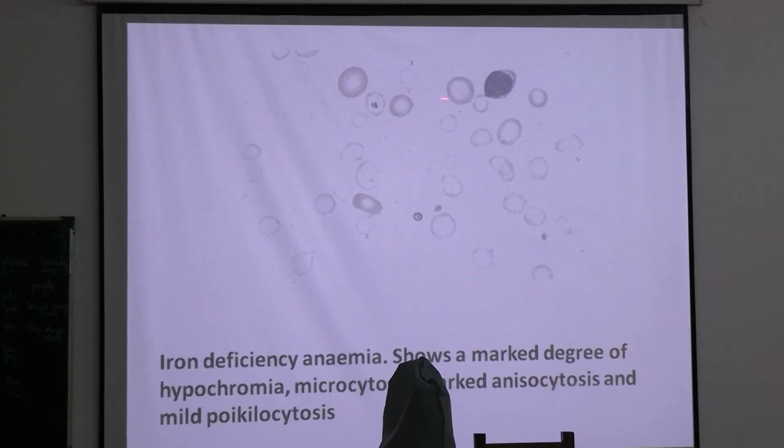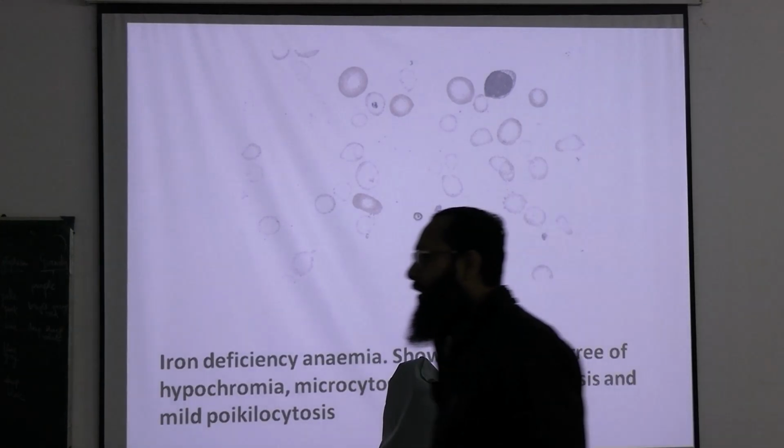Yes, they are hypochromic because the central pallor in most of the cells is too much raised. Any other characteristic finding you can find here? See the size of these RBCs and see the size of these RBCs. Any difference can you see here? Different sized RBCs are present. What is the terminology called?